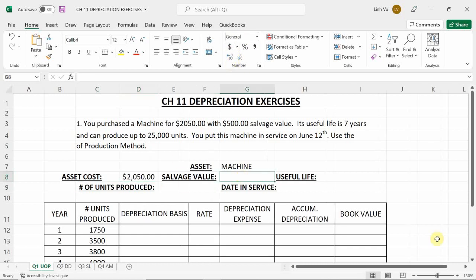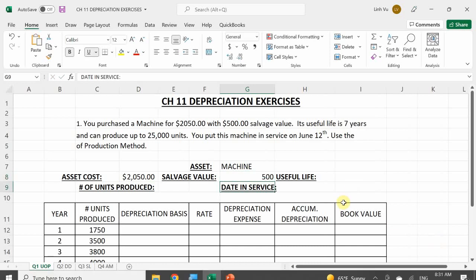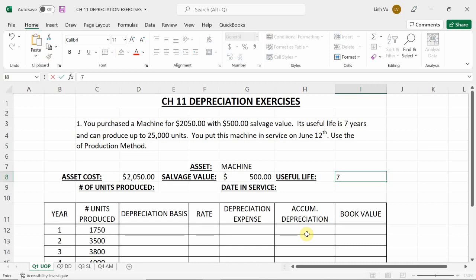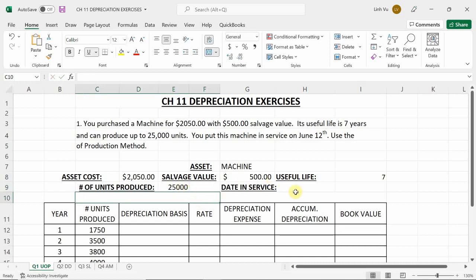What's my salvage value? Salvage value 500. Estimated useful life? Useful life 7 years. How many units can it produce? 25,000. And when did you place it into service? June 12.